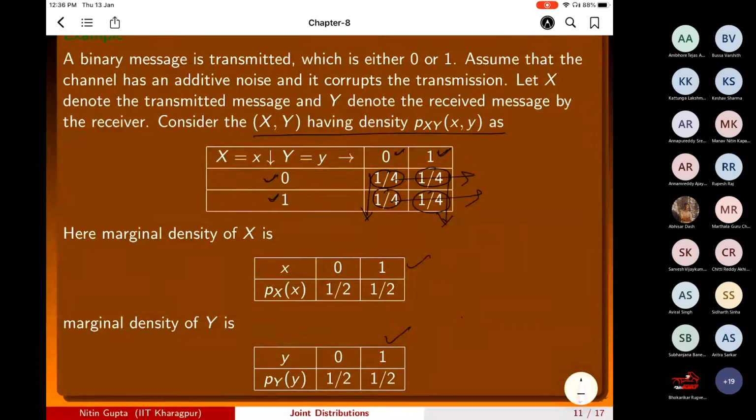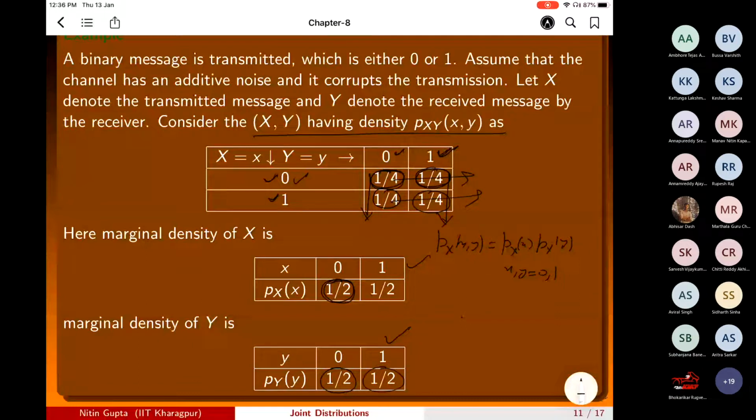You have to just see whether p_X,Y equals p_X times p_Y for x and y taking values 0 and 1. You can easily see that p(0,0) is 1 by 4, p_X(0) is 1 by 2, p_Y(0) is 1 by 2. So 1 by 4 is equal to 1 by 2 into 1 by 2. Similarly, p(0,1) is 1 by 4, p_X(0) is 1 by 2, p_Y(1) is 1 by 2.